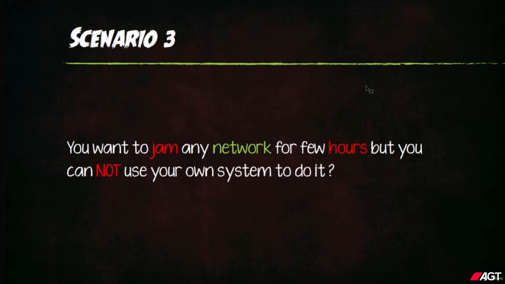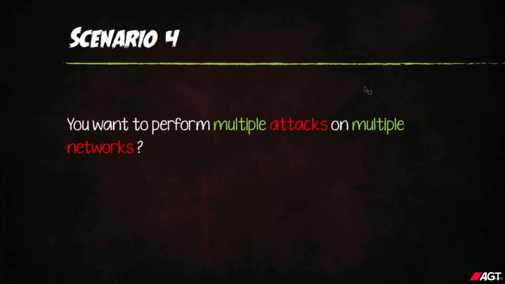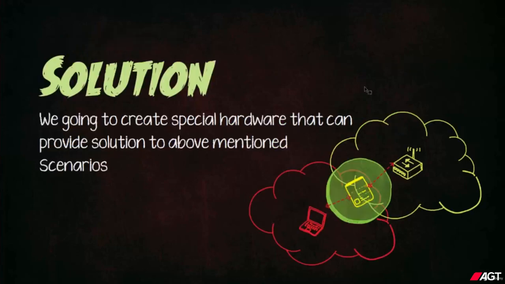And scenario four is you want to perform multiple attacks on multiple networks at the same time. So these are a few scenarios which you can come across in your pen testing career.